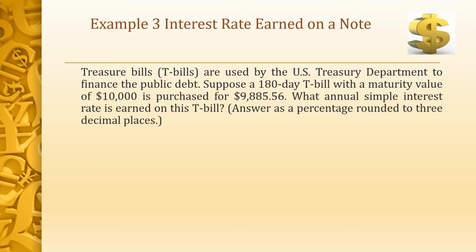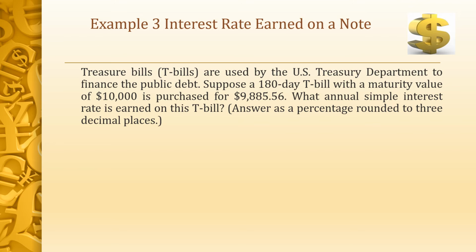If we have to find the interest rate, let us take this example. We know that the Treasury bill, or T-bill, is used by the Treasury Department. Let us say that a 180-day T-bill has a maturity value of $10,000 and it is purchased for $9,885.56.